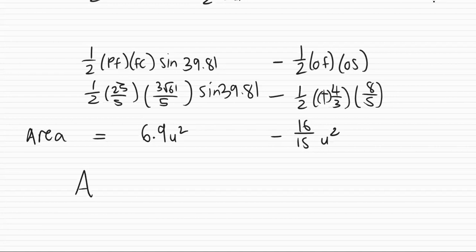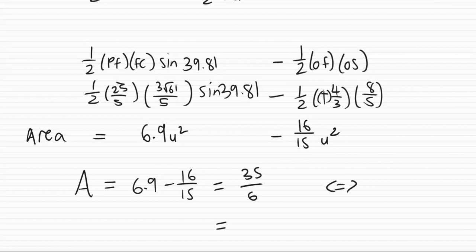So the area is 6.9 minus 16 over 15. Put 6.9 minus 16 over 15 into the calculator. Equals 35 over 6, and press the SD button to get it into decimal form. And the answer is 5.83 recurring.